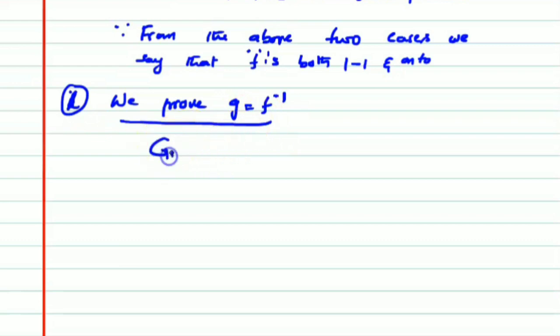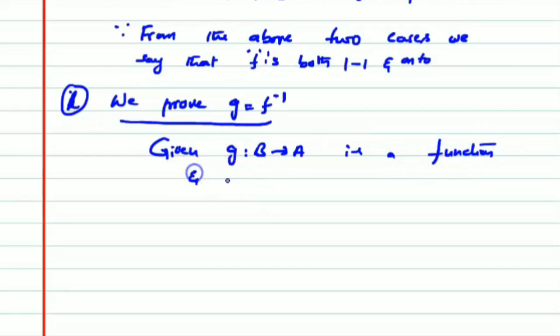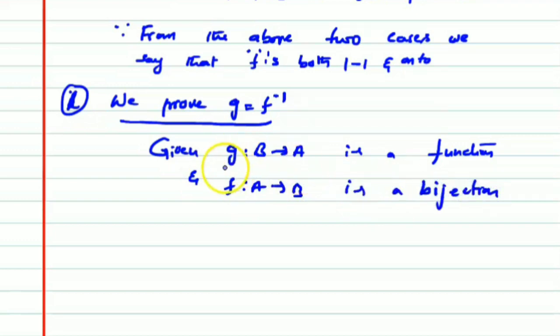Given g maps B to A is a function, only a function. Whereas we proved f mapping from A to B is a bijection. So we need f inverse.